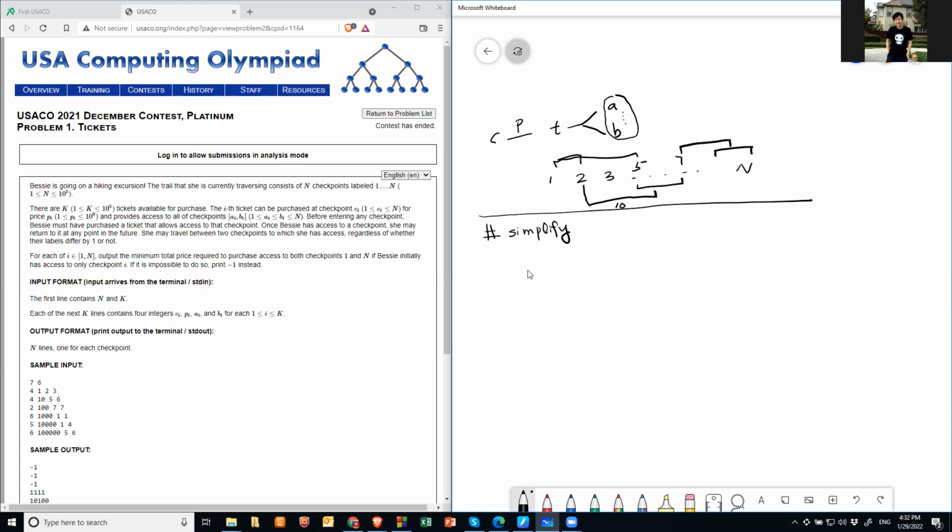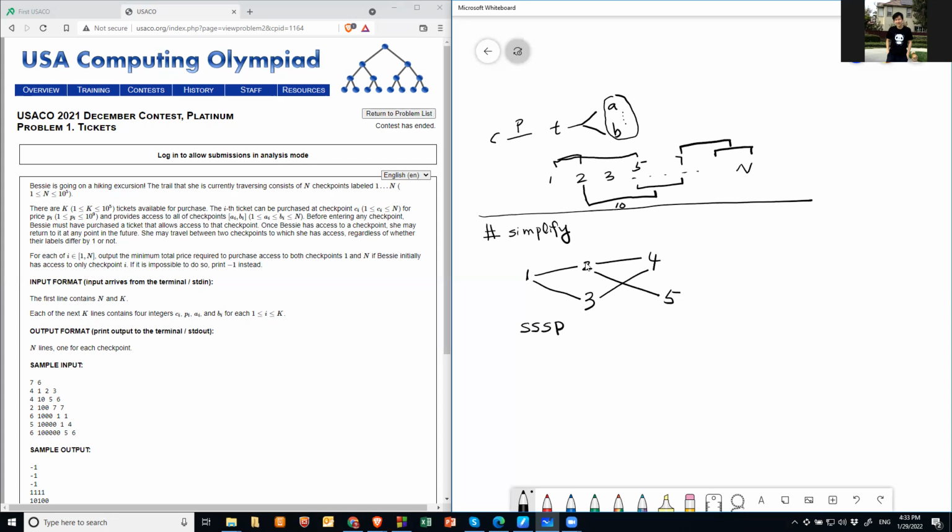That means from 1, I can maybe go to 2. Maybe there's another ticket that allows me to go from 1 to 3, and from 2 maybe I can go to 4, from 3 I can go to 4, maybe from 2 I can go to 5. So then this is our standard SSSP, shortest path.